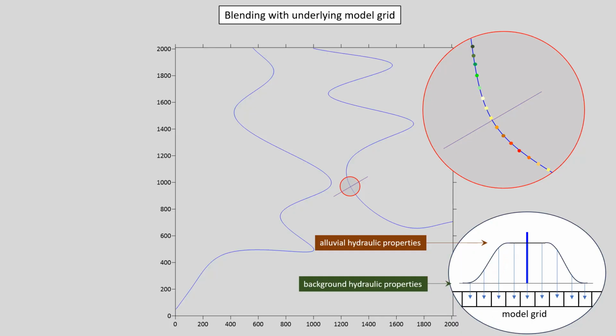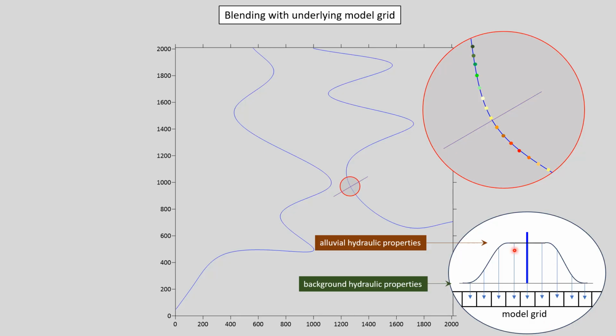Now there's a reason why we do it in this way, as a blending operation rather than as a discontinuous change of properties when we come to the edge of the alluvium. When we're doing inversion, when we're doing history matching, we want model outputs to be continuous with respect to adjustable parameters. If some of the parameters that we're adjusting are in fact the locations of the alluvial channel, then we want that continuity to be maintained as the channel position changes.